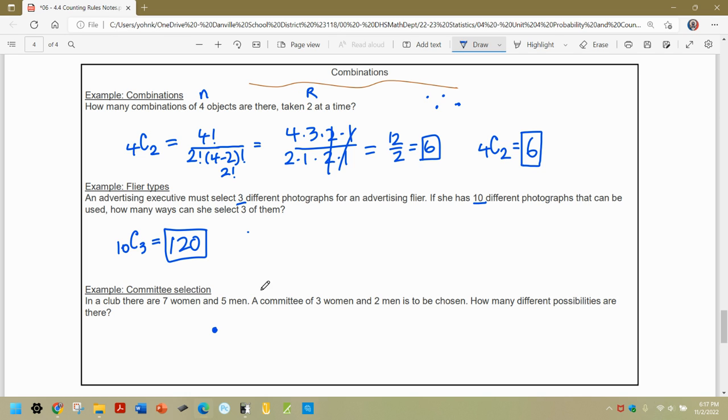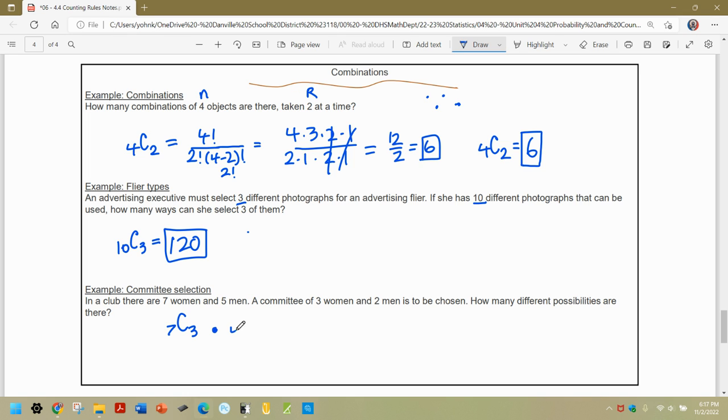So I have 7 women and I am taking 3 of them. That sounded bad, but go with it. Okay, so that's 7C3. Now, if I was picking them to be in specific positions, like president, vice president, treasurer, then that would be a permutation problem. But because I'm just asking them to join my committee, that's a combination problem.